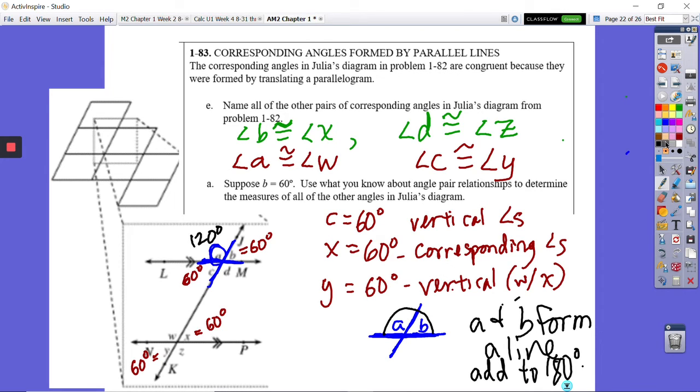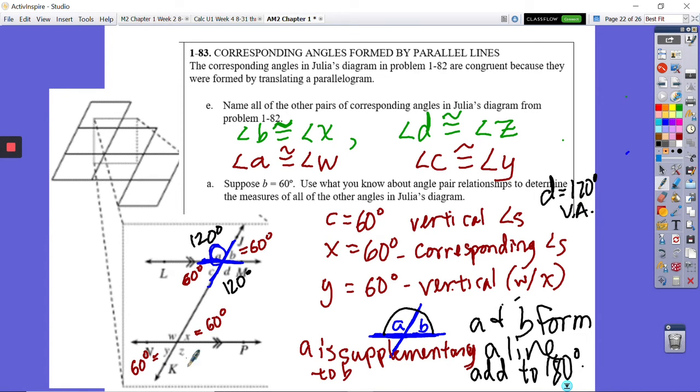So that's how we figured out A. We knew it was supplementary to B. Okay. And so once we know A, D is 120, vertical angles. I'm going to go with VA for that because I'm running out of room. Z is 120, corresponding angles.